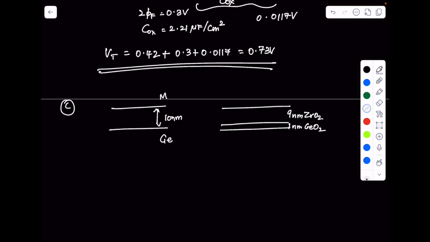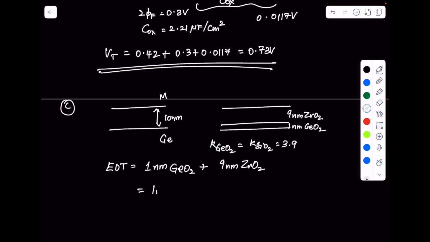And since we have said that K of GeO2 is equal to K of silicon dioxide is equal to 3.9, so the EOT of the actual stack is actually 1 nanometer coming from the GeO2 plus the equivalent of 9 nanometers of zirconium dioxide, right?